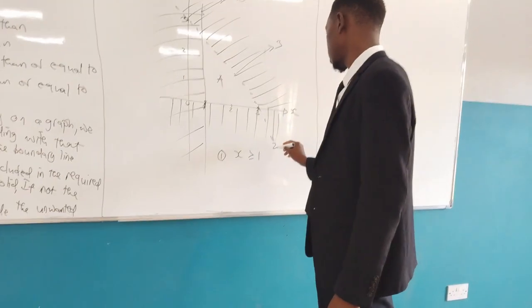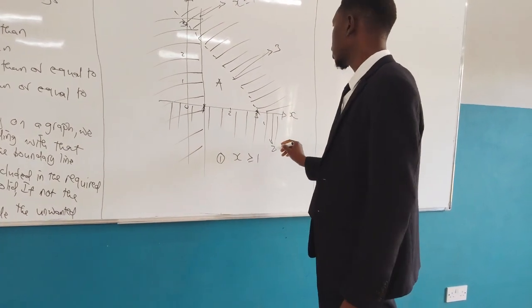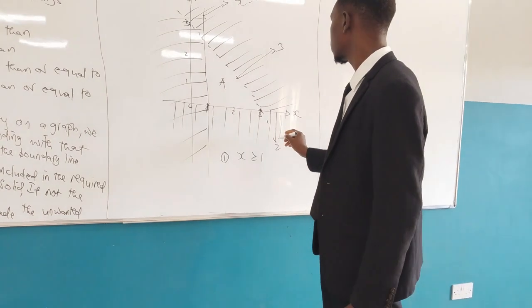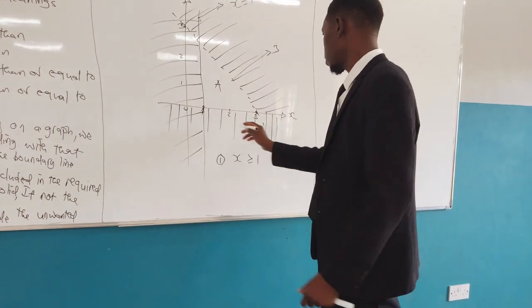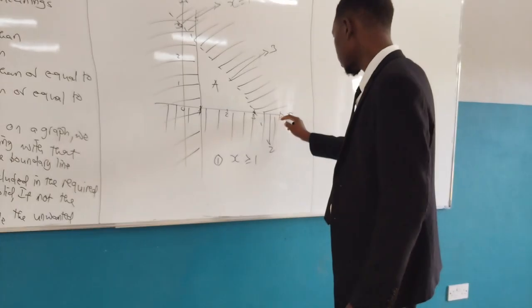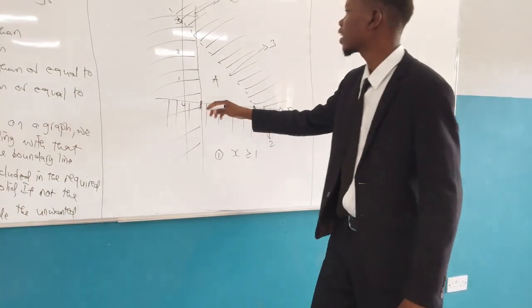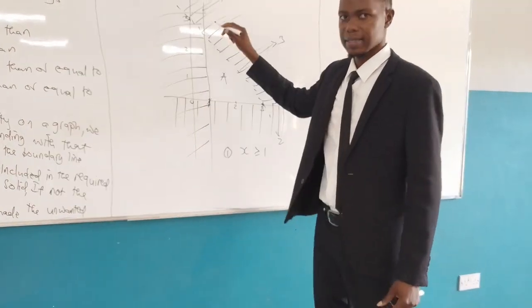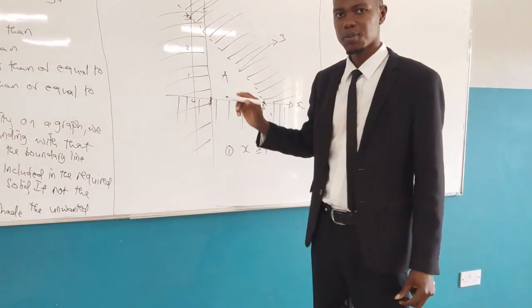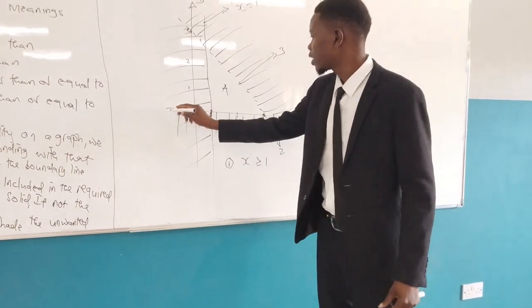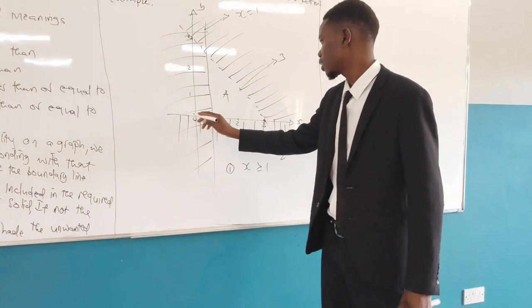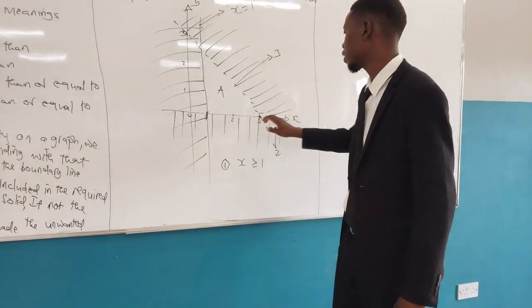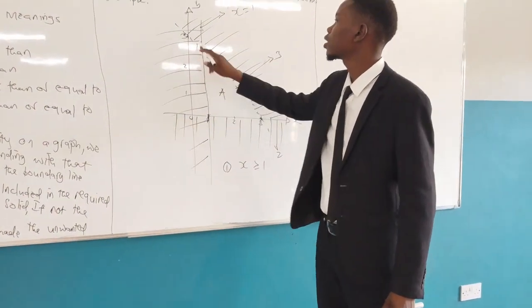Let's go to the second inequality. We have this line, which is cutting the y-axis. If it is cutting the y-axis, that means the inequality indicated by this line is going to talk about y.